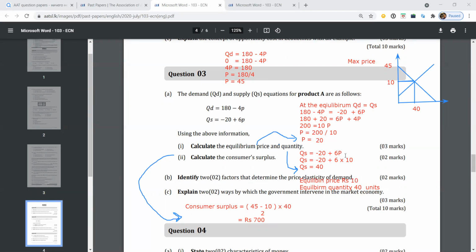When we substitute over there, it is 20.